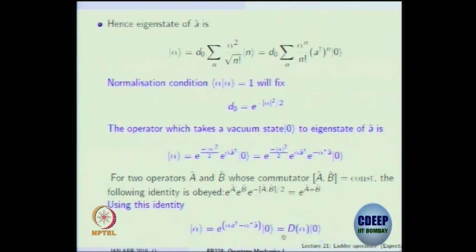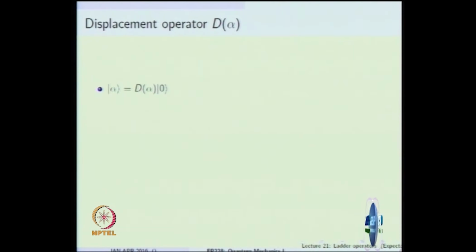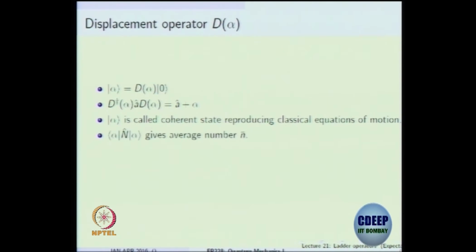Incidentally, what is the property of the D operator? Will it be Hermitian? Will it be unitary? I'll leave it to you to check all these things. It will be unitary, right? Very simple. The norm has to be preserved and you can show that it is unitary. These are the properties of the displacement operators, which I will give to you in your assignment also.